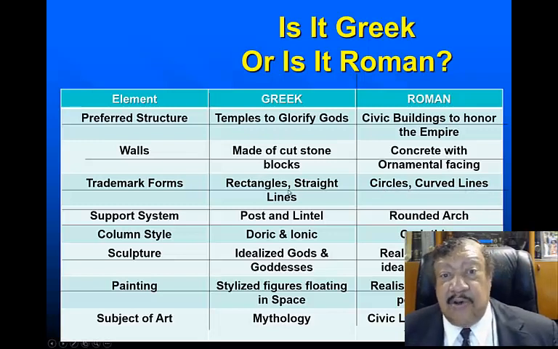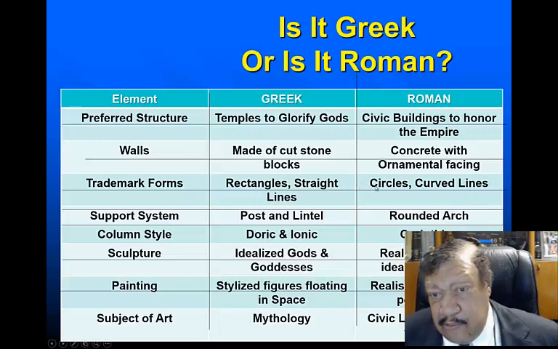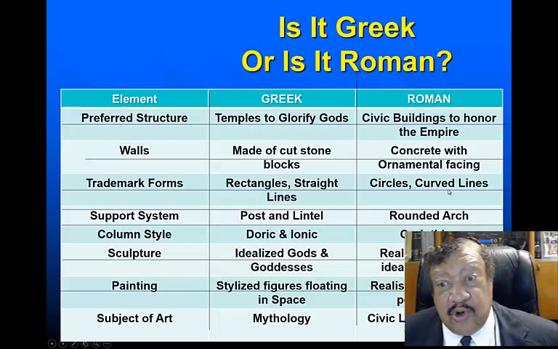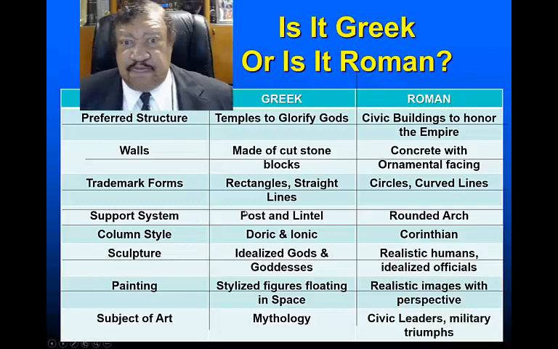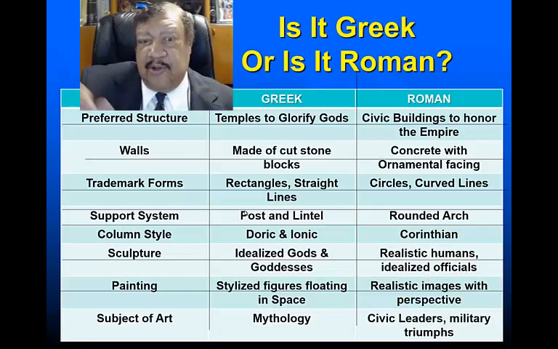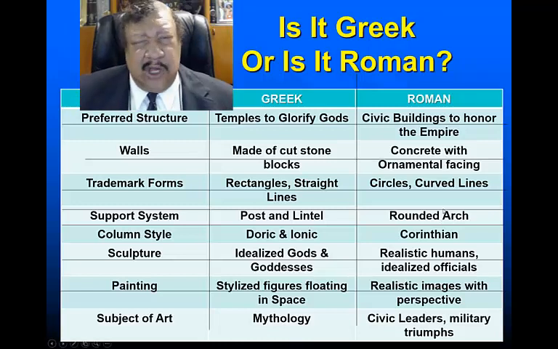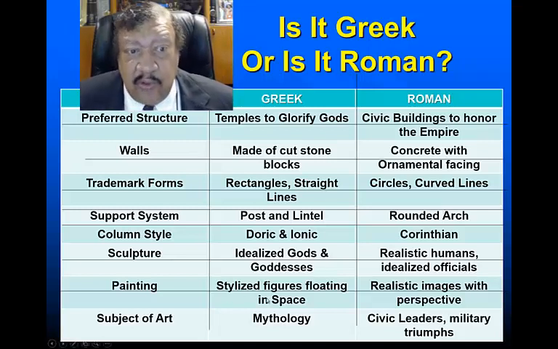Now, the Greeks did a good job with the amphitheater, but the Romans, with the dome and with the Colosseum and all those buildings, these were curved lines. The Greeks used post and lintel, that's two uprights and a cross member. But the Romans used the arch because it could redirect the pressure that came from the heavy stones.